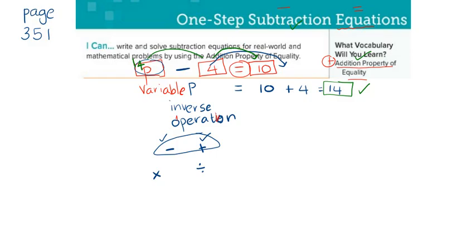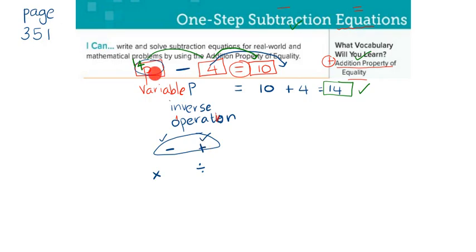We spoke about the addition property of equality, meaning that if you have a subtraction equation like this, p minus 4 equals 10, then to solve this equation means to find the value of the missing number in place of the variable p. We're going to use the inverse operation, which is to add the two numbers.